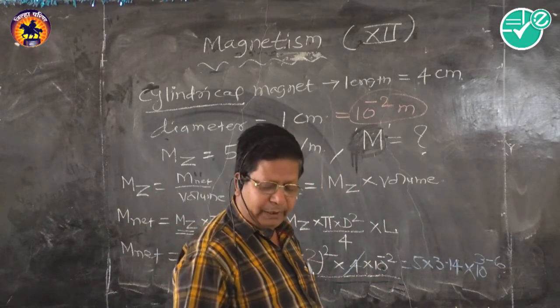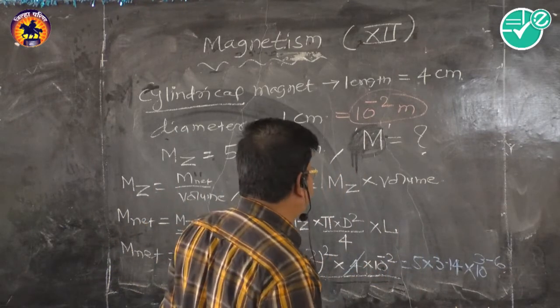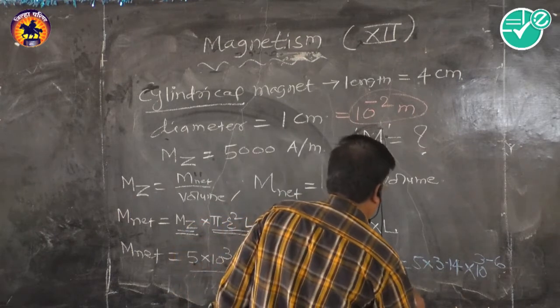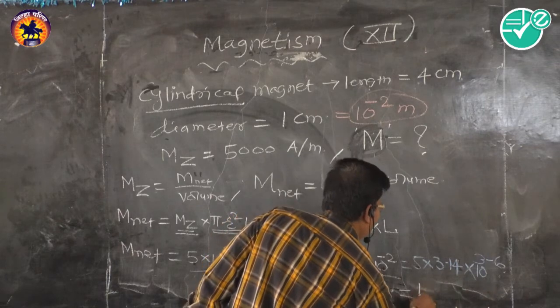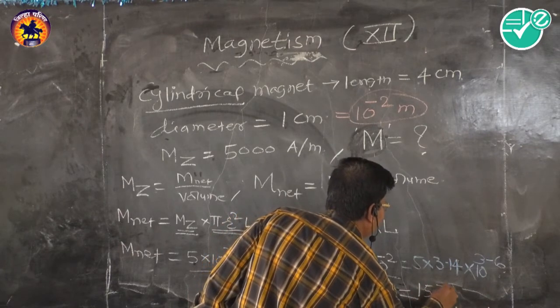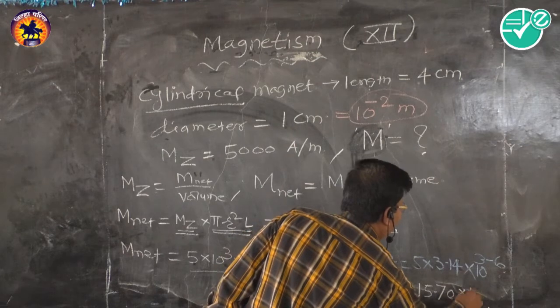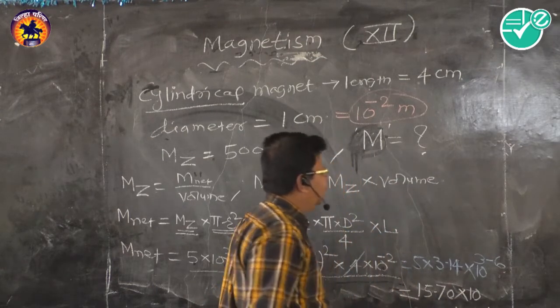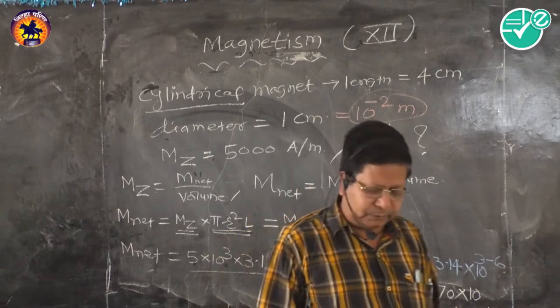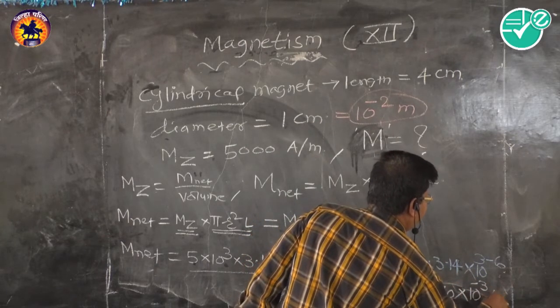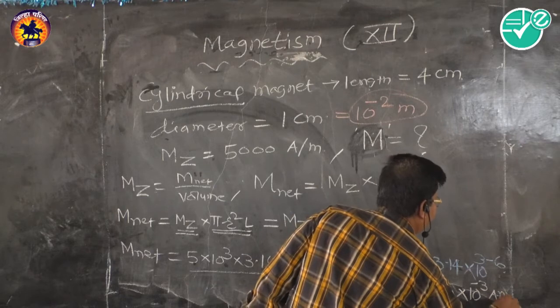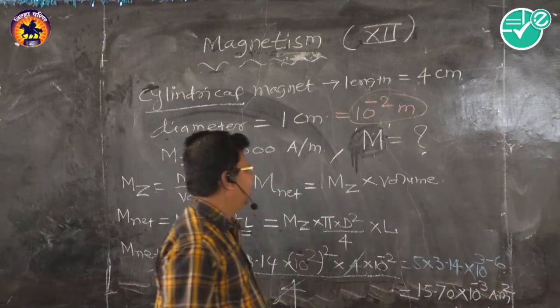And if we calculate this, the result comes out to be, if we multiply 5 into 3.14, we get 15.70 into 10 to the power minus 3, and its SI unit is ampere meter square.